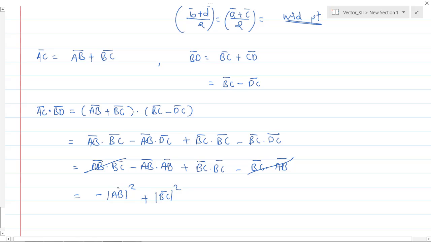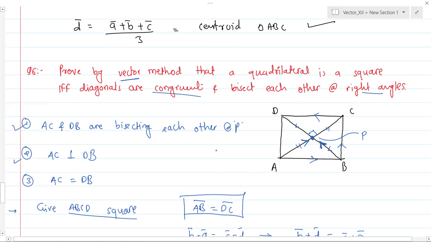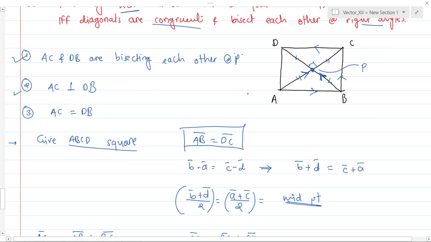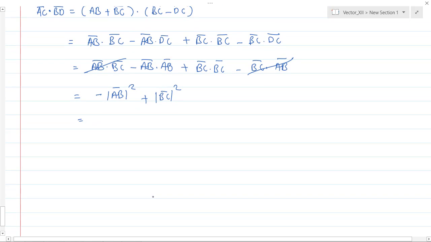Okay, so AB bar minus BC bar, how much does it come to, boss? You are already saying that AB and BC are the same because this is a square, and in a square all the sides are equal. AB is equal to BC. So the square of AB bar minus the square of BC bar is equal to 0.